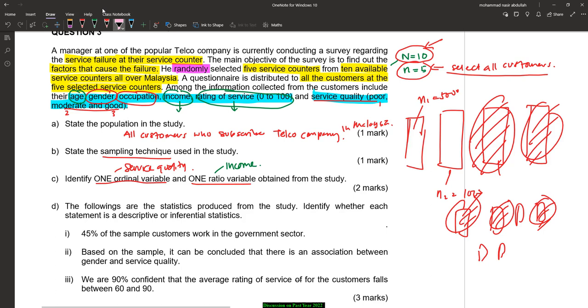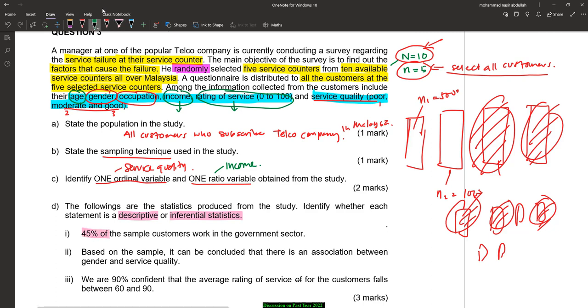the following statistics produced from the study, identify whether each statement is descriptive or inferential statistics. So 45% of sample customers work in the government sector. This one they describe, right?